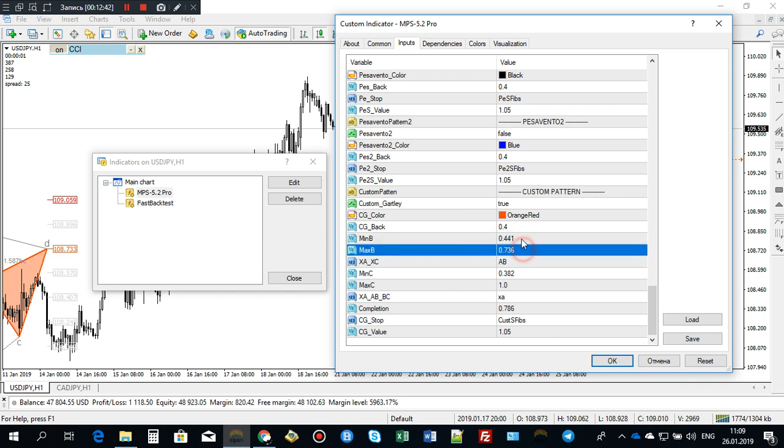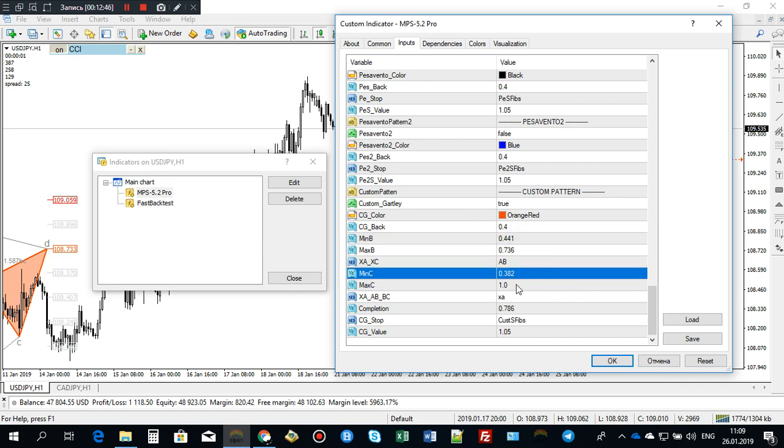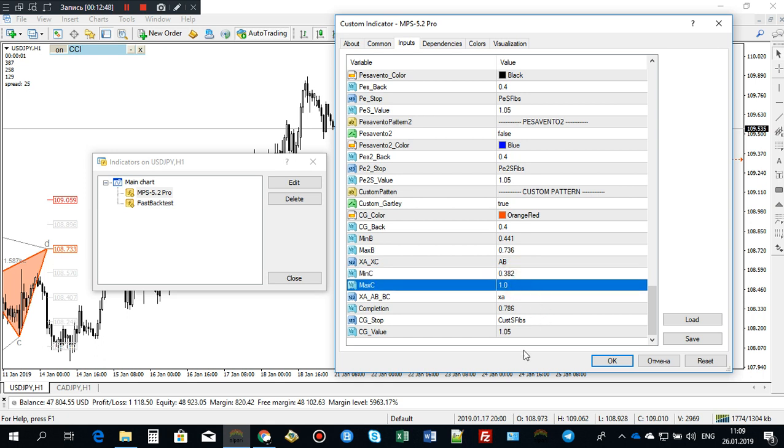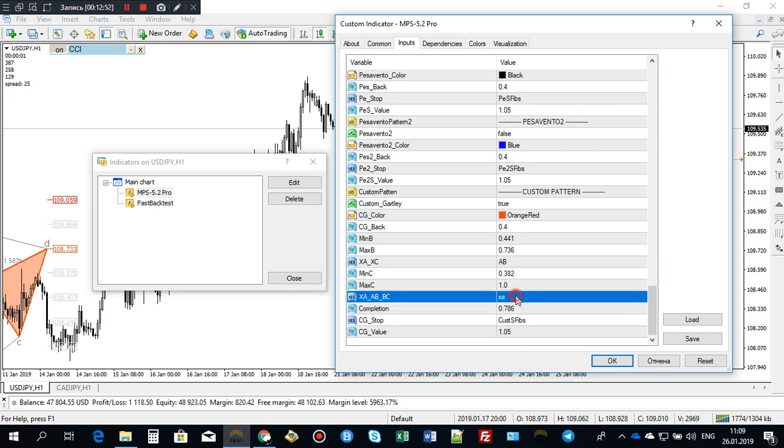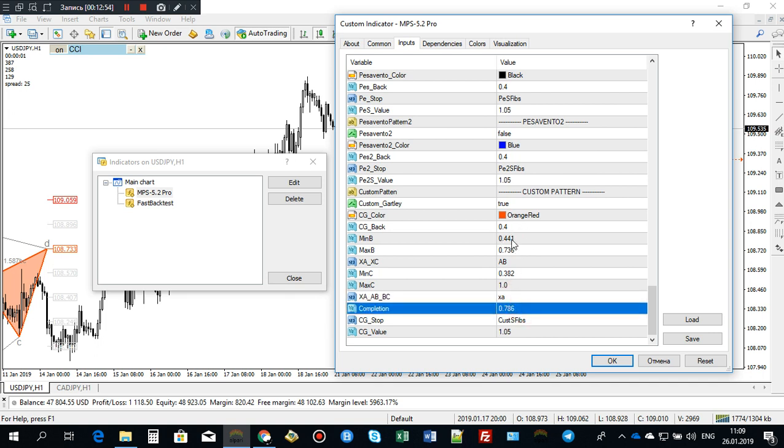So the B point unites the two patterns, the Gartley and the BAT. Then the C point is standard for all patterns, ratio 2 to 1. And the completion is 0.786 of XA. So regardless of the B point, whether it is a BAT pattern or a Gartley pattern, the completion is always 0.786. This means that I make no distinction between BATs and Gartleys, and I united them into one pattern.